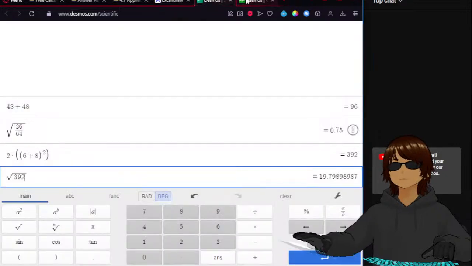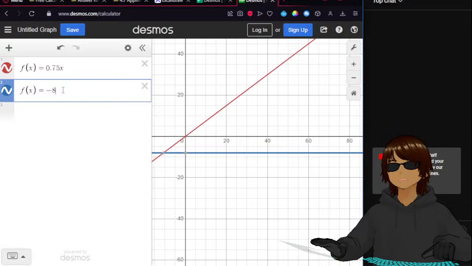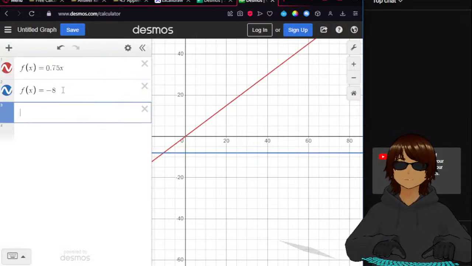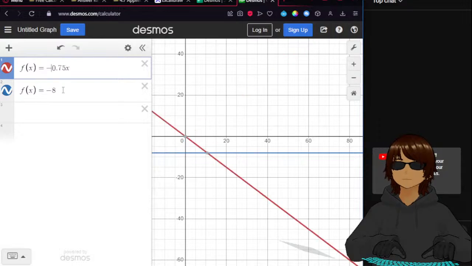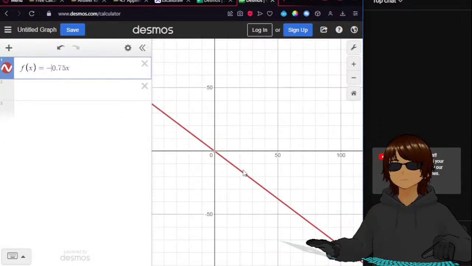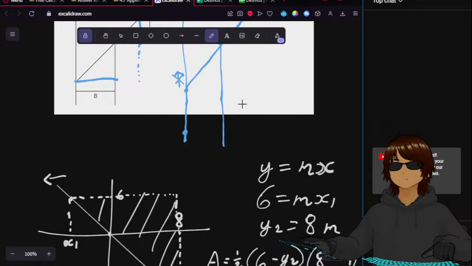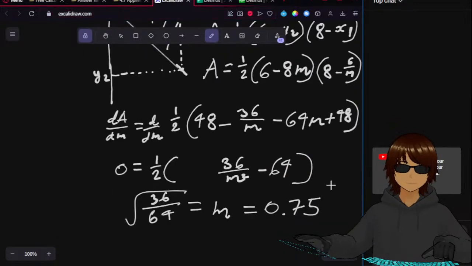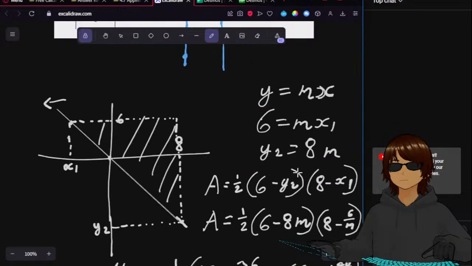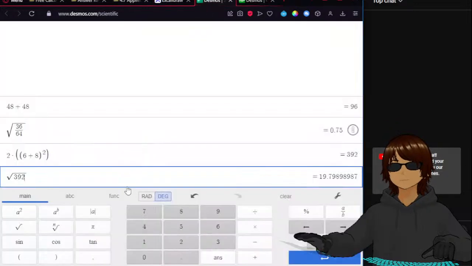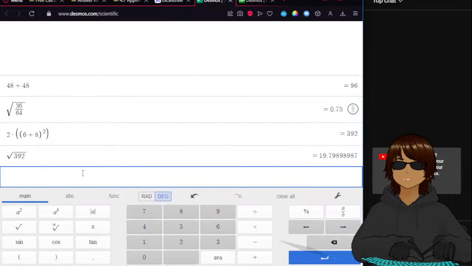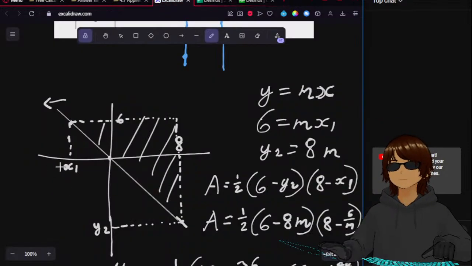Shouldn't m be negative? Wait. Negative. So if that's the case, the first point is 6 divided. So the first point is negative 8. This is negative 8. First point, negative 8 and 6.